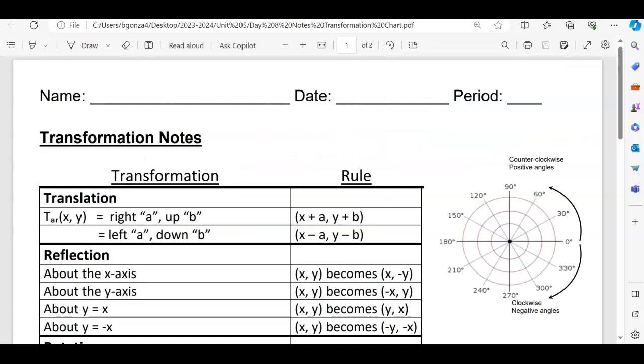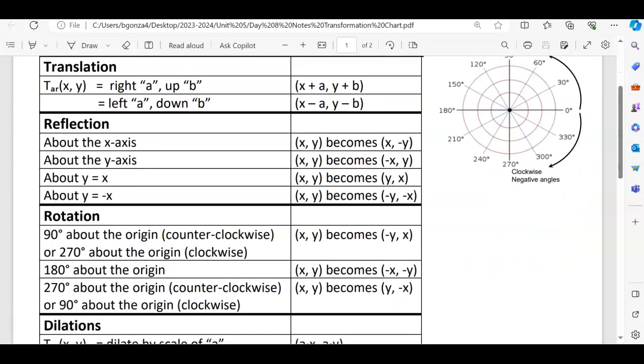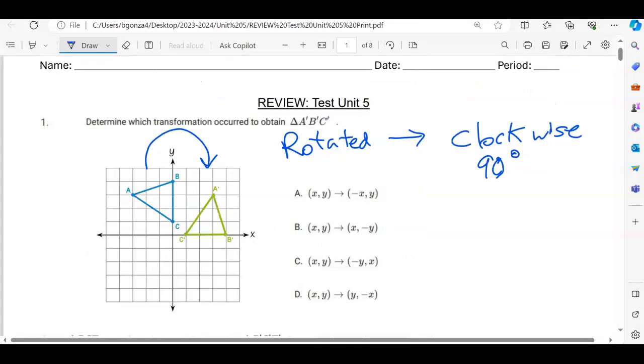So we go back to our notes of transformations, 90 degrees clockwise. So check it out, 90 degrees clockwise is going to be this rule, y, negative x. So that's going to be letter D. Okay.